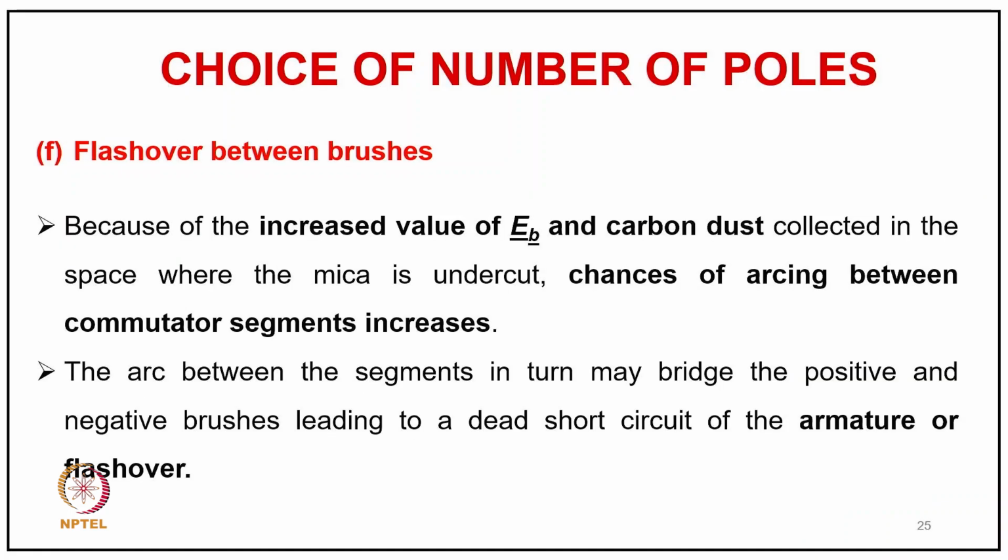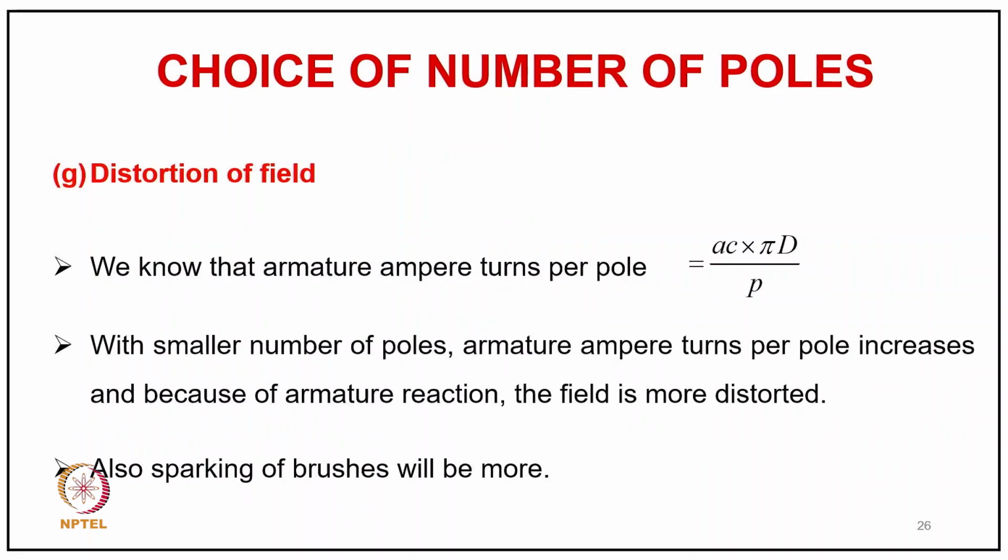Now because of the increased value of EB and carbon dust collected in the space where the mica is undercut, chances of arcing between the commutator segments increase, and the arc between the segments in turn may bridge the positive and negative brushes, leading to a dead short circuit of the armature, or flashover.